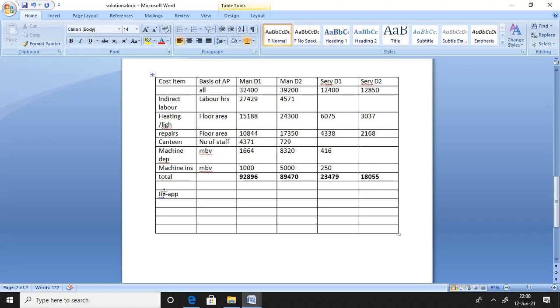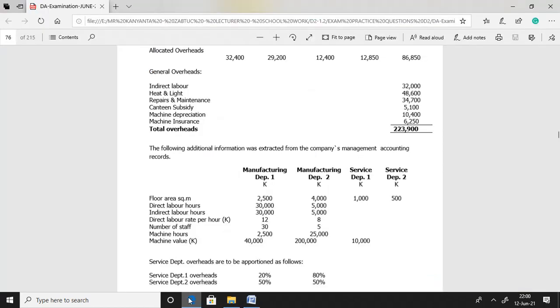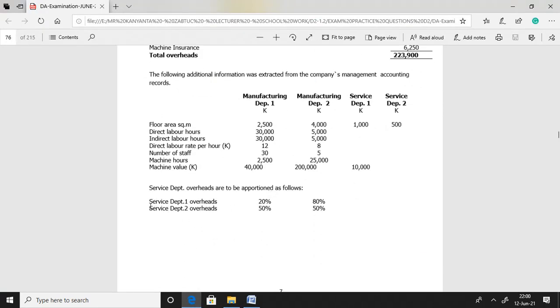So we have to remove those costs from the service departments and spread them to manufacturing departments. According to the question, service department 1 will take 20% of that cost and add it to manufacturing department 1, and take 80% of that cost and add it to manufacturing department 2.